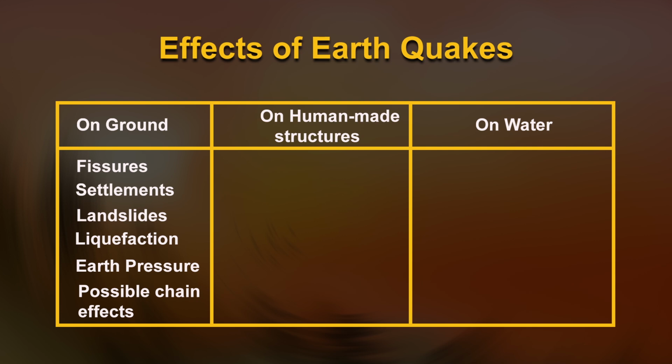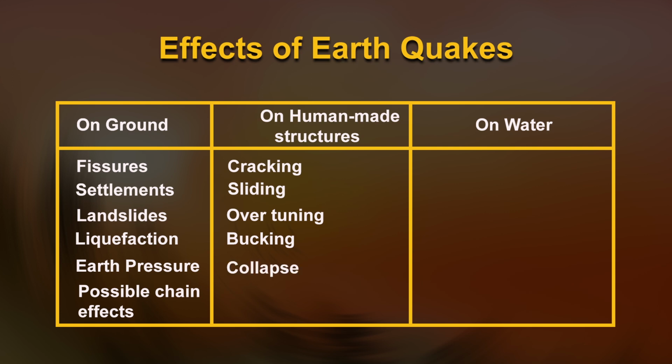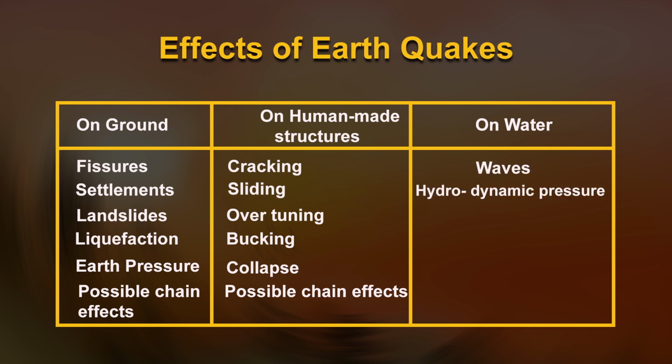On human-made structures, we see cracking, sliding, overturning, buckling. There is a collapse of buildings and possible chain effects on other structures. And on water, we see waves and hydrodynamic pressures. It manifests in the form of tsunamis, and this will also have an impact through a possible chain effect.